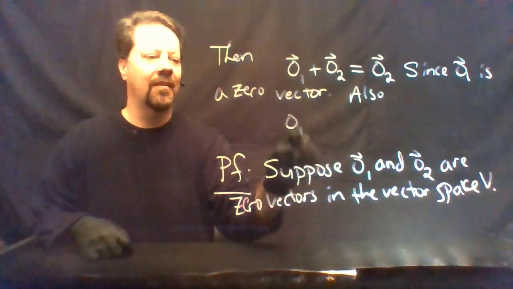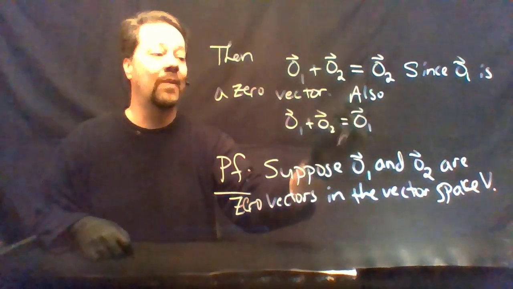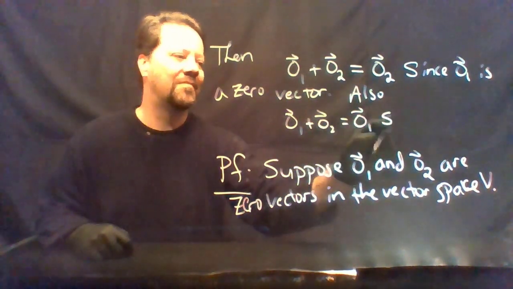Also, 0_1 plus 0_2 must be 0_1, since 0_2 is a zero vector.